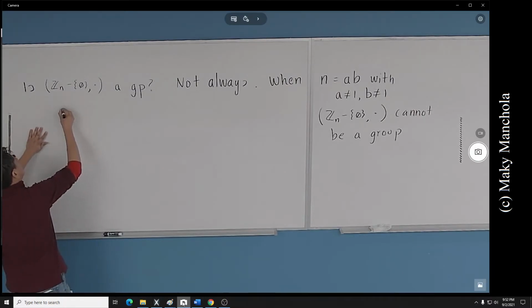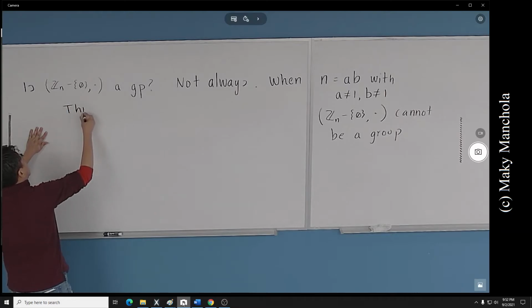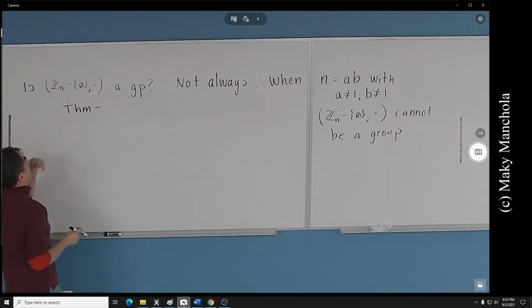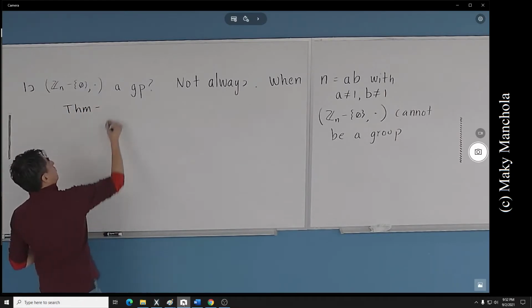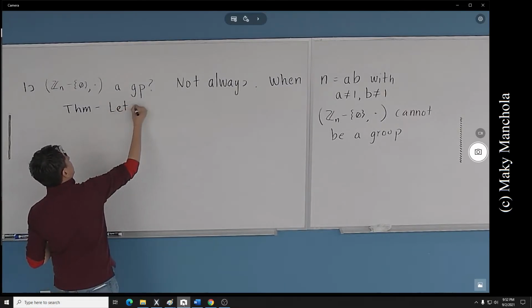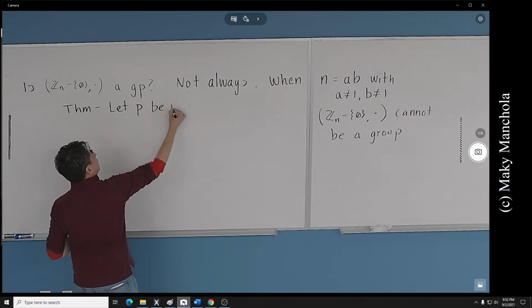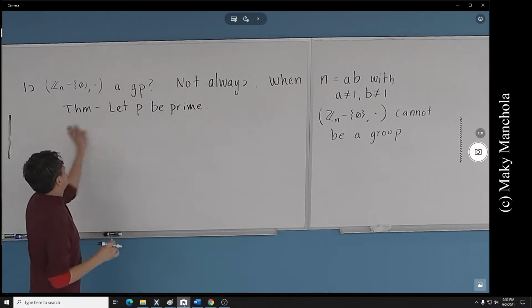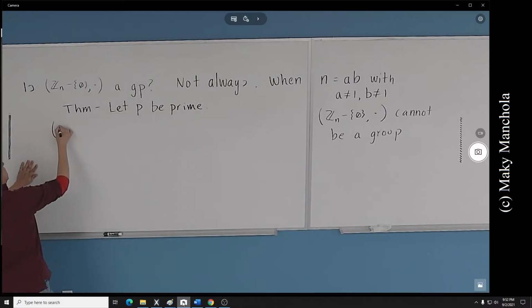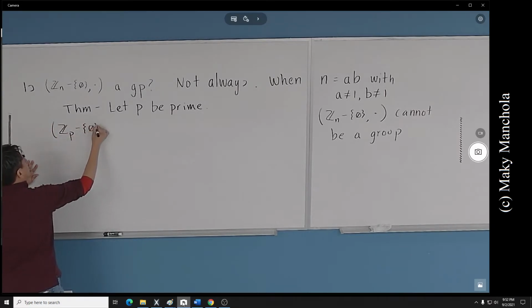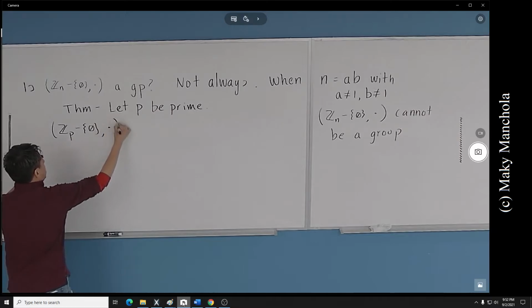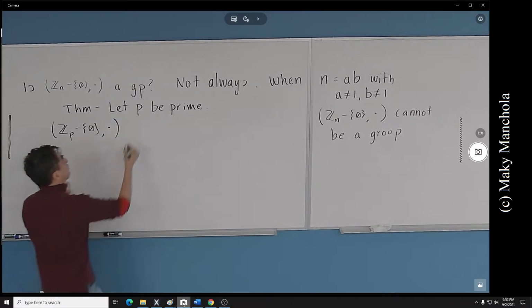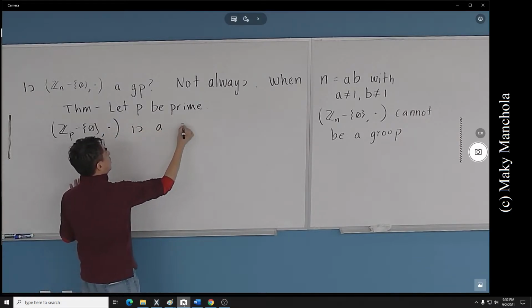Theorem: let p be a prime integer. The structure Zp excluding 0 together with multiplication modulo p is a group.